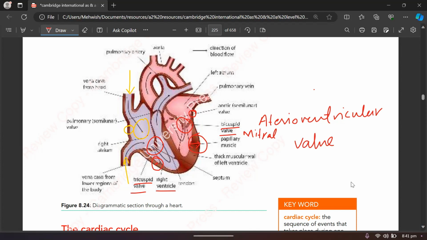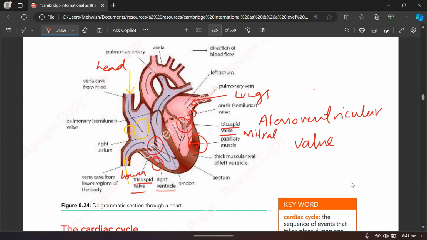And the blood comes into the heart from the pulmonary veins, because they bring blood back from the lungs, and the vena cavas bring blood back from the head and from the lower body parts.